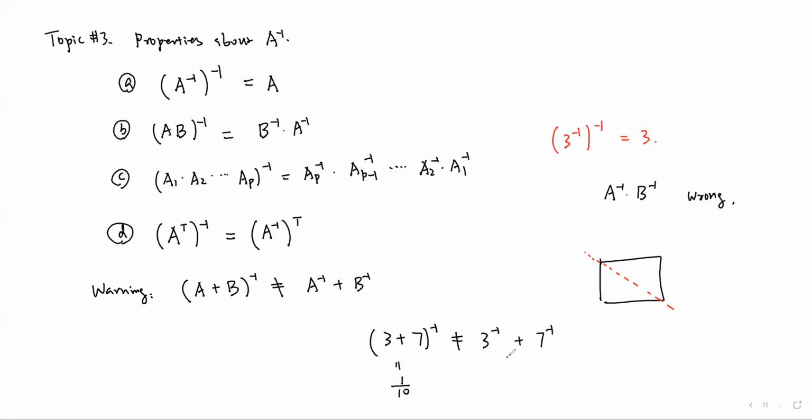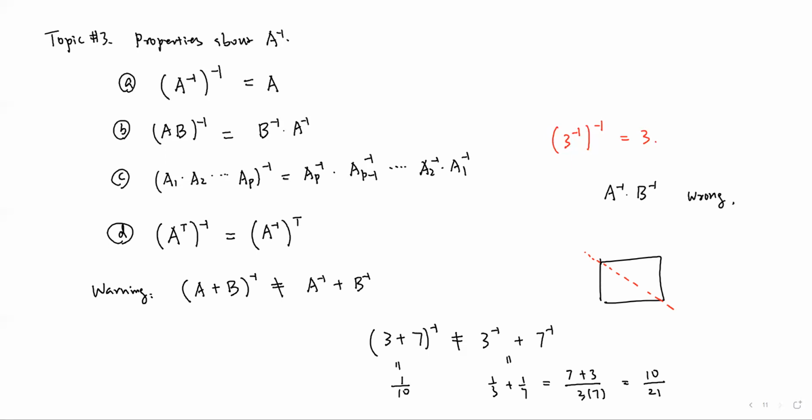The right side is 1 over 3 plus 1 over 7. With a common denominator, 3 times 7, this is 10 over 21. Clearly 1/10 is not equal to 10 over 21. So for numbers, we don't have this equation, even for matrices. Remember, this is a common mistake.